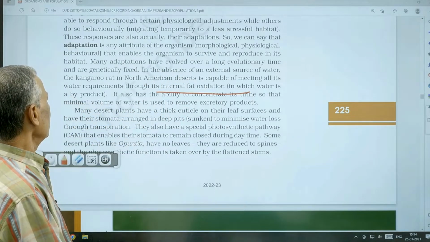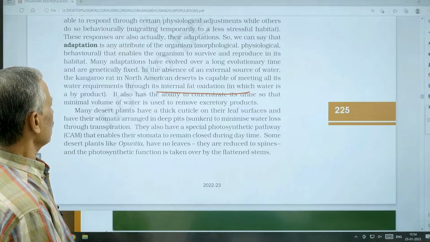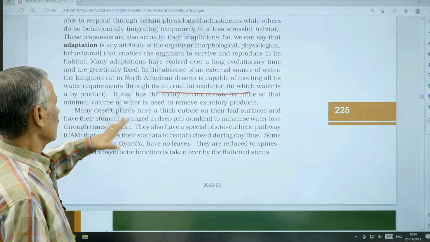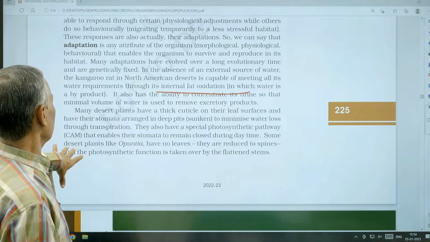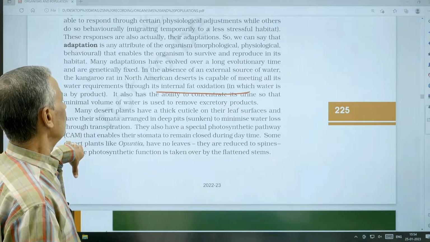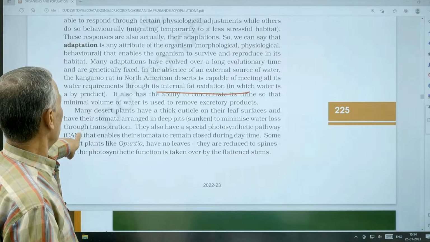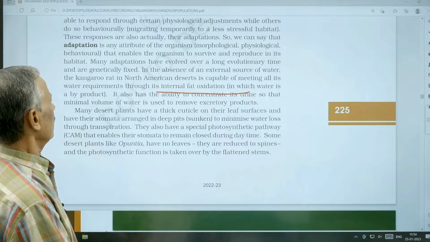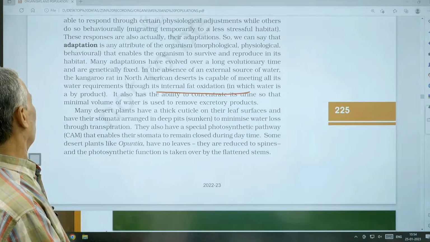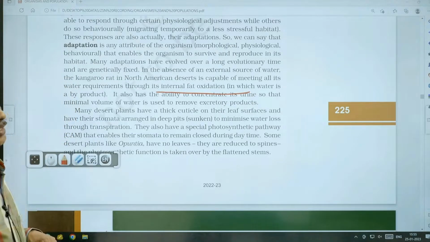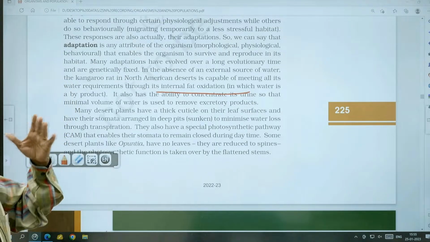Similarly, many desert plants have a thick cuticle on their leaf surfaces. They will be having sunken stomata, and they will be having the Crassulacean acid metabolic pathway, the CAM photosynthetic pathway, so that they need not open the stomata during the daytime.